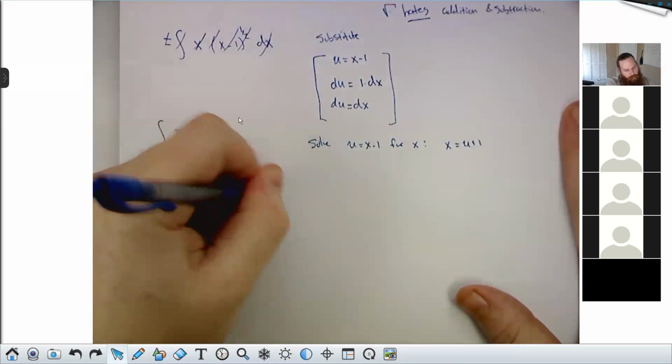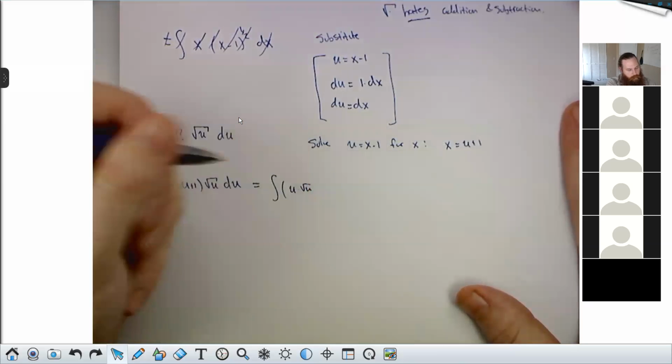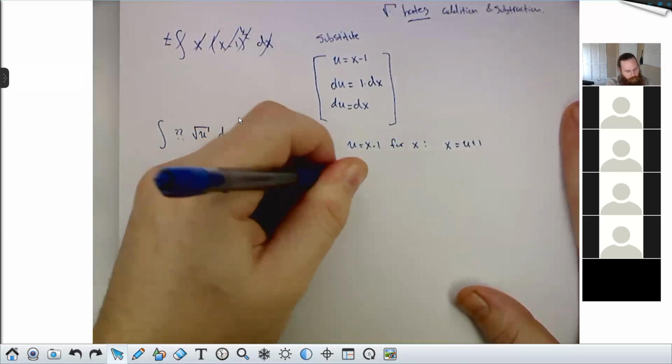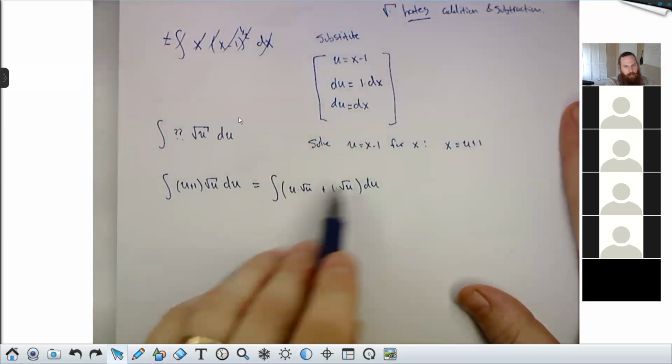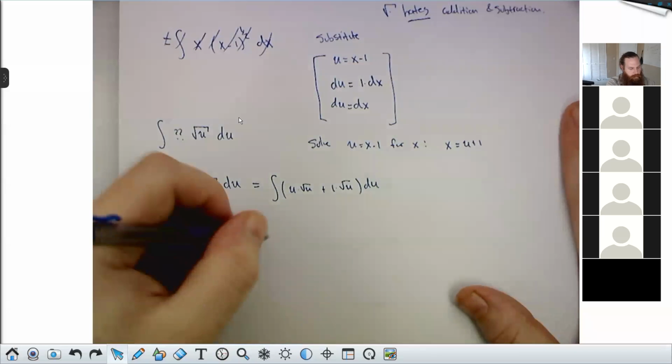So from here we would distribute. This is u times the square root of u plus 1 times the square root of u du. And again, we're putting our whole integrand in parentheses here because it is separated by some addition and subtraction.